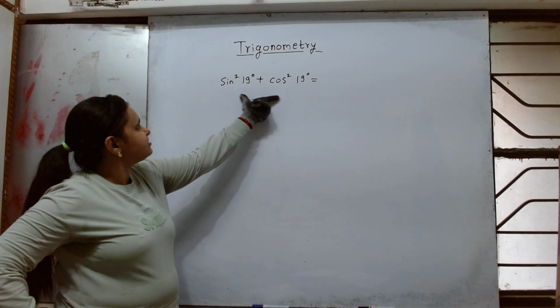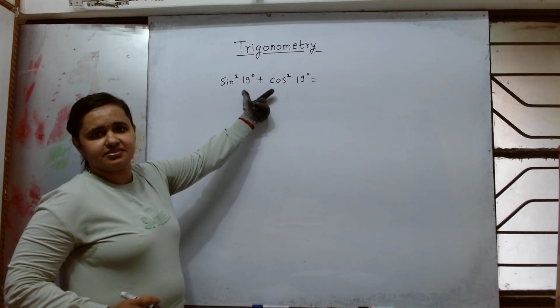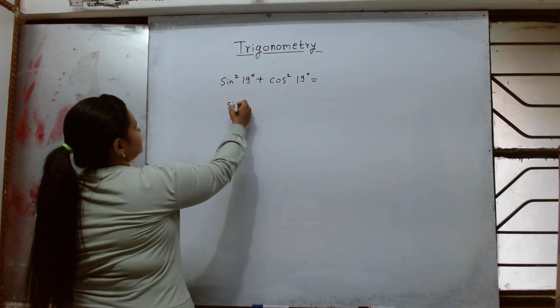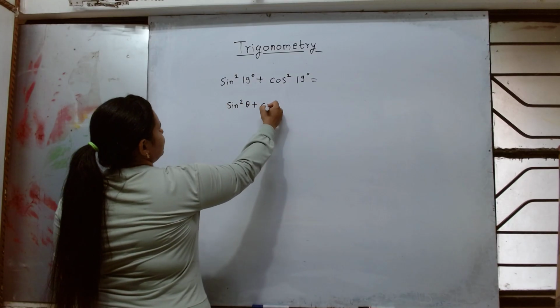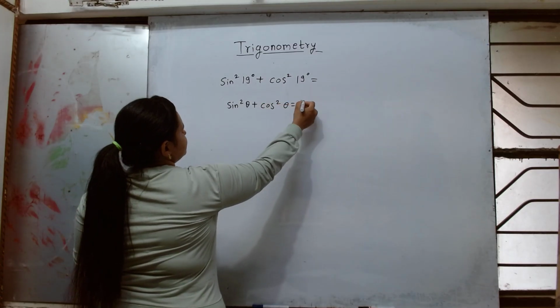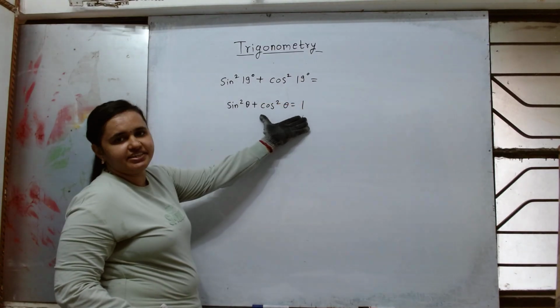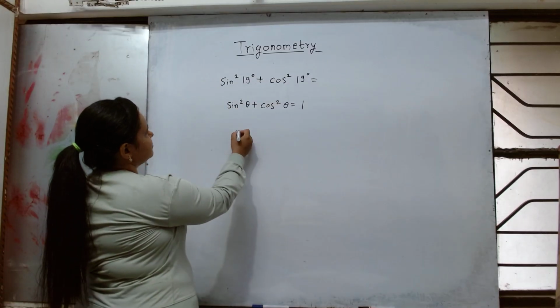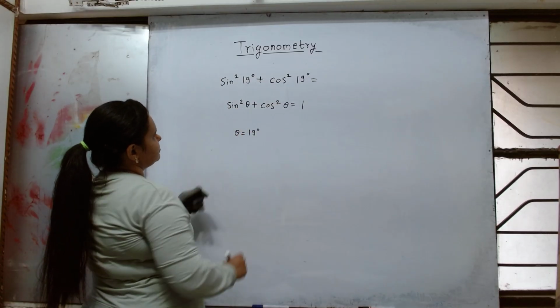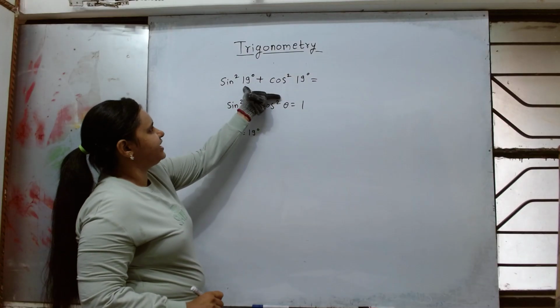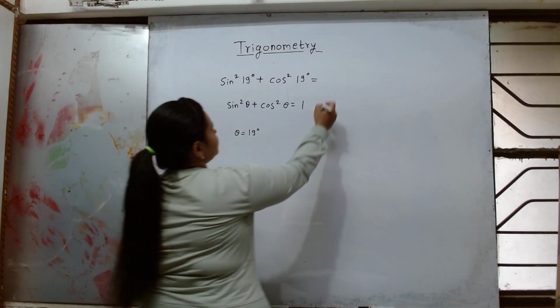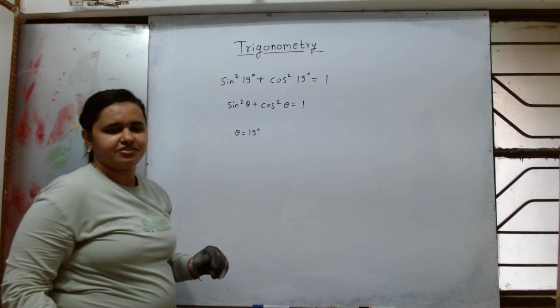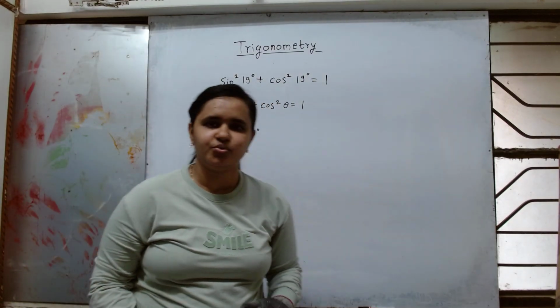The formula is sin square theta plus cos square theta is equal to 1. This is the identity, so we can put the identity here. Theta is 19 degree in both. So it will be equal to 1. Our answer will be the third option, that is 1.